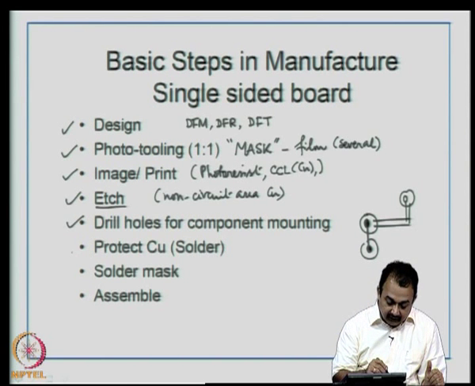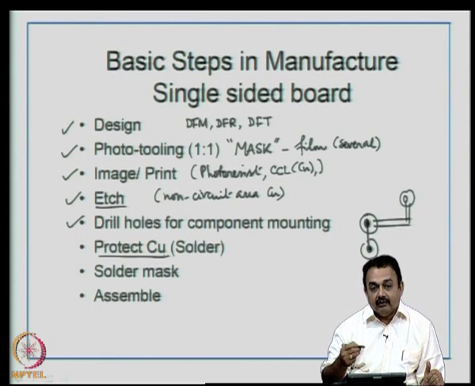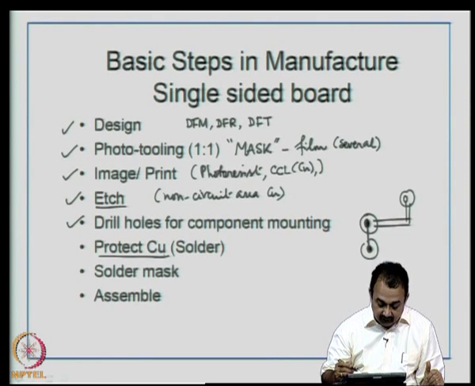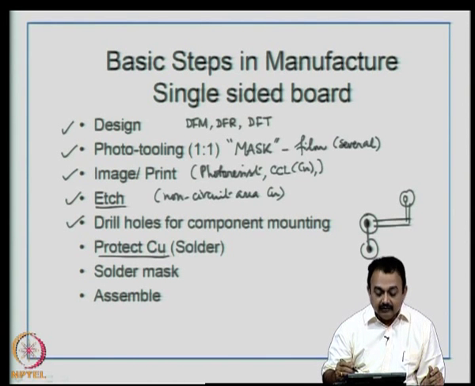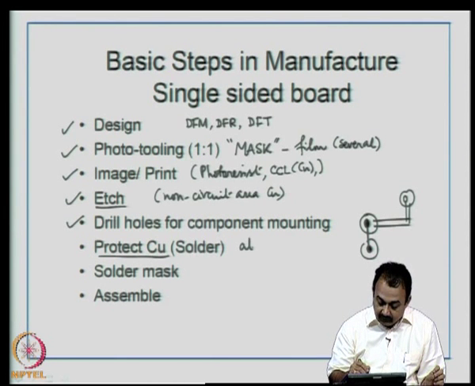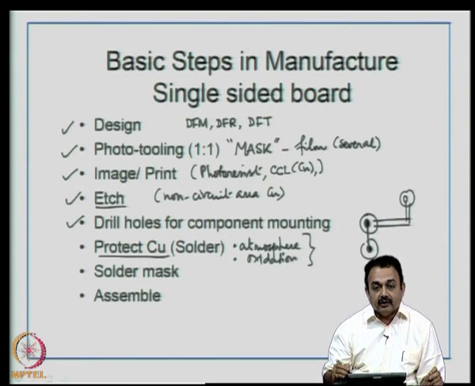Now, the copper that is generated, the circuit copper that is generated will now have to be protected, because the copper will interact with the atmosphere very fast and it will undergo oxidation. Therefore, you have to protect copper. How do you protect copper?